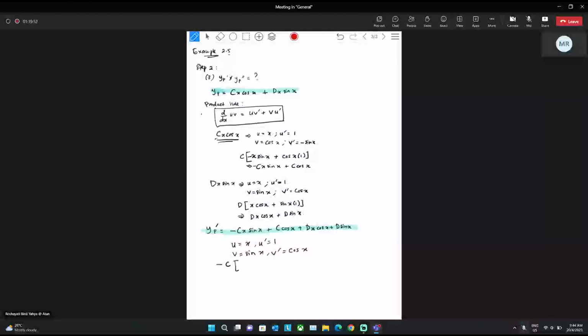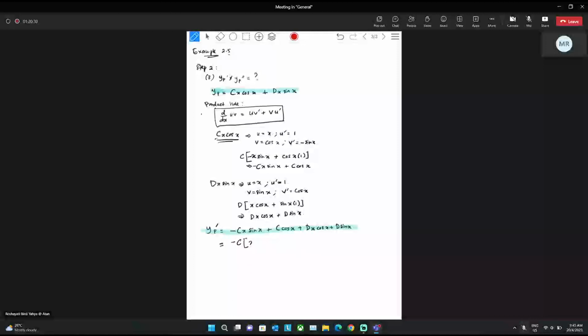So yang ini quite, you can refer to the module lah. Okay. You want to go faster? You don't want to write like this. Okay. Just to show you. This is u. Look at here, class. U and v. You have negative C. U is x.